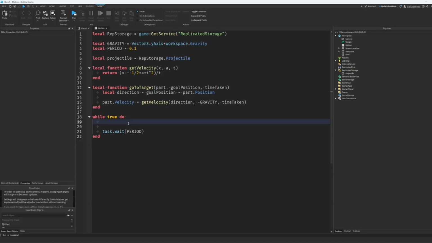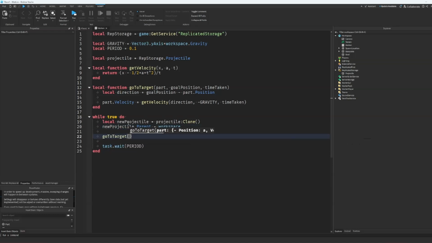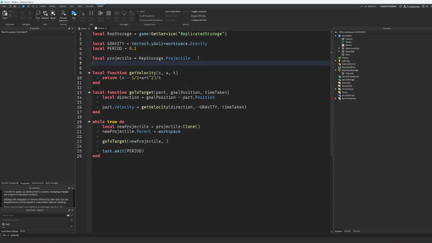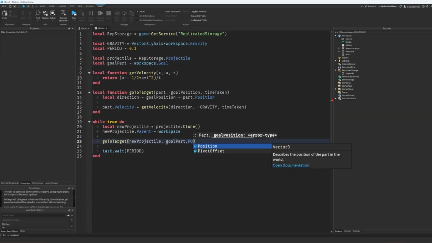Okay, so then we're going to have our new projectile, and it's just going to be a clone of the one we already have. We're going to parent it to the workspace, and make it go to this target. So we put in our projectile and our goal, which we haven't initialized yet. Our goal part is in workspace, it's called goal, and we put the position here.